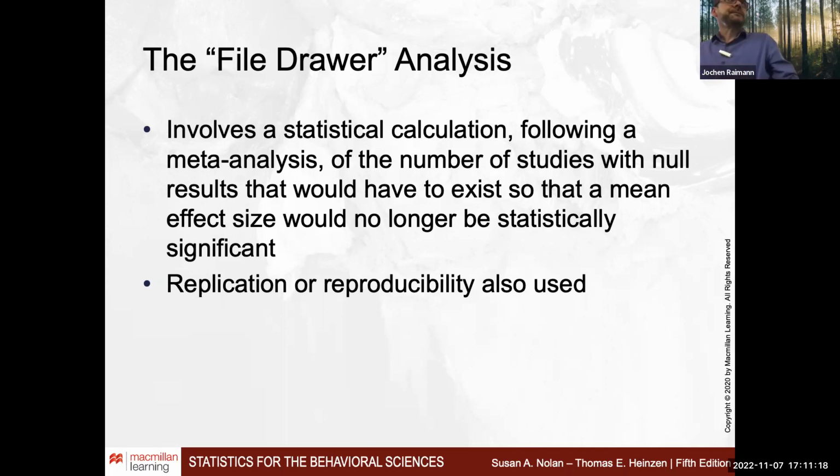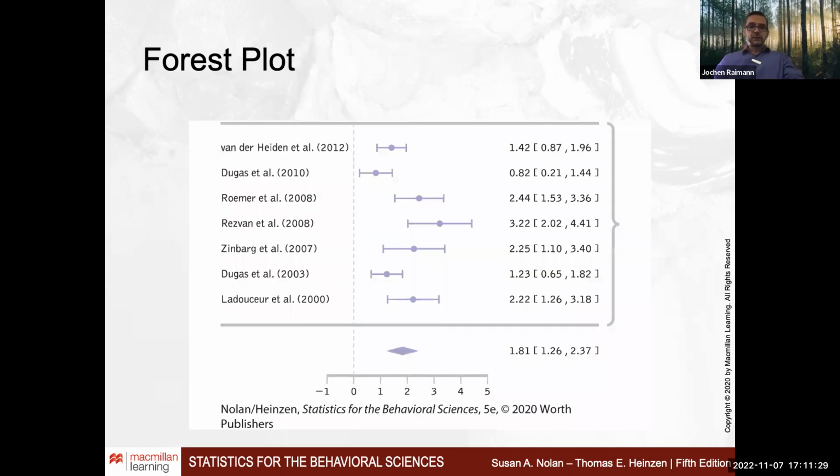How do you estimate this number? Well, that's a simulation study. You need to simulate how many papers you would need. For example, if you develop a model that takes these studies into account with their mean effect size, their actual effect size in the respective study, and the variability, you would need to add a null entry to the model.